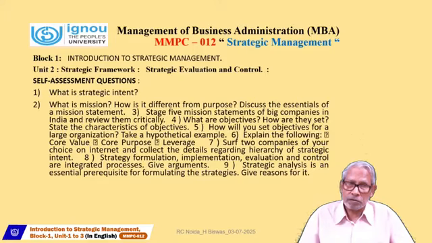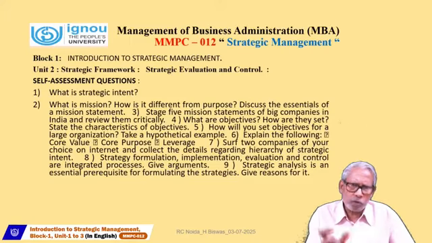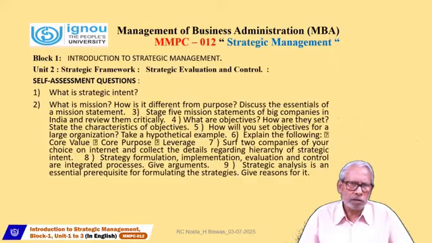Then, what are missions and how do they differ from purposes? Discuss the essentials of mission statements, and the stages. There are 5 mission statements and objectives. These are all small questions from this unit. We have already discussed them, and I hope you can answer all of these.